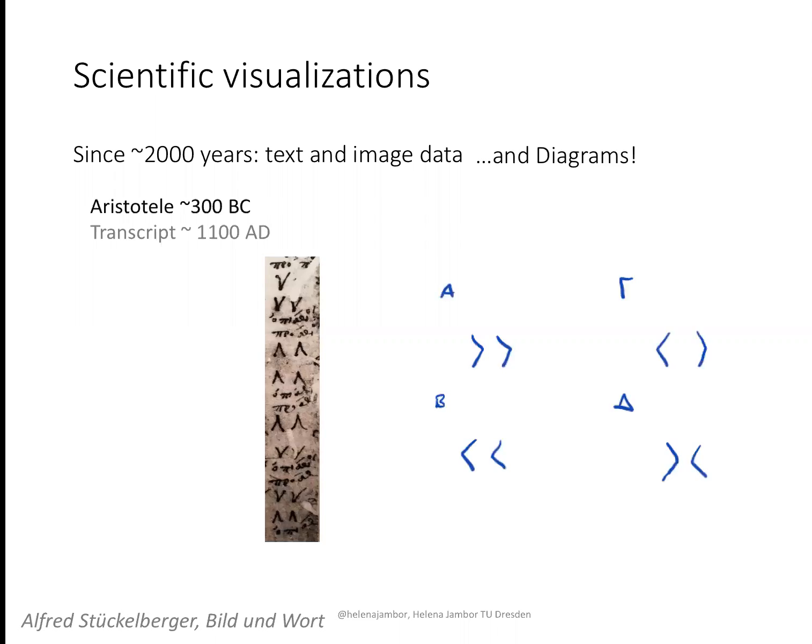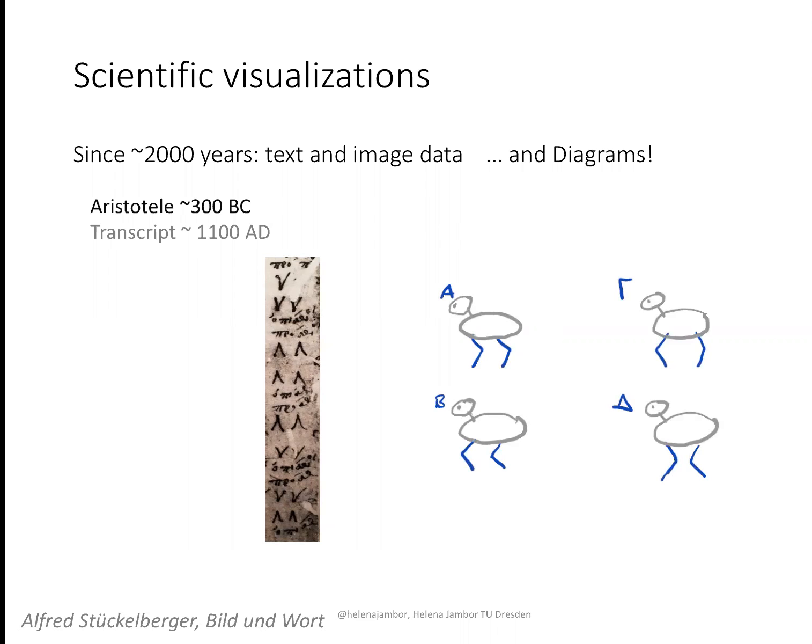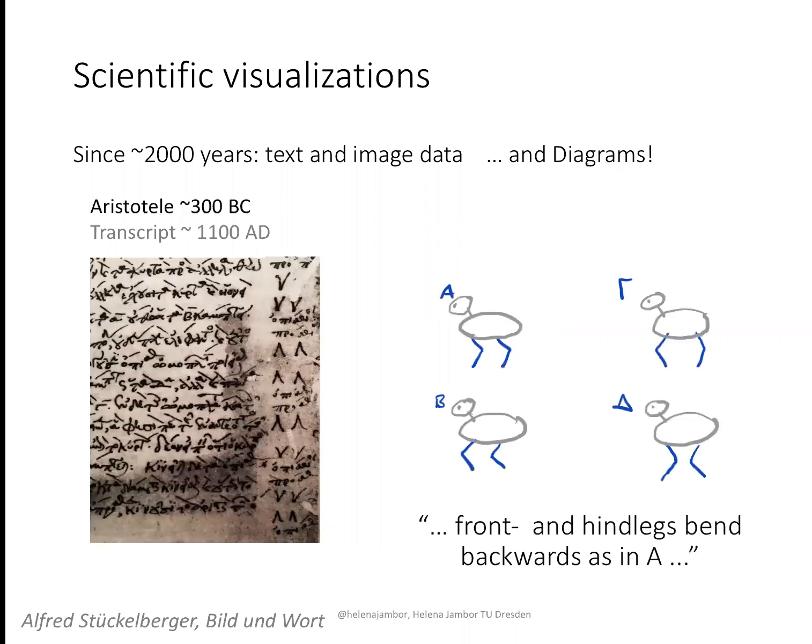They explain in 4 diagrams the position of the legs in animals and the possibilities that exist. So actually what Aristotle didn't draw is the body of the animal. He just drew the legs and how they can be bent.